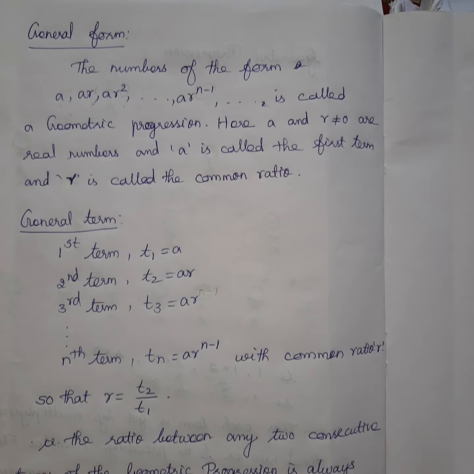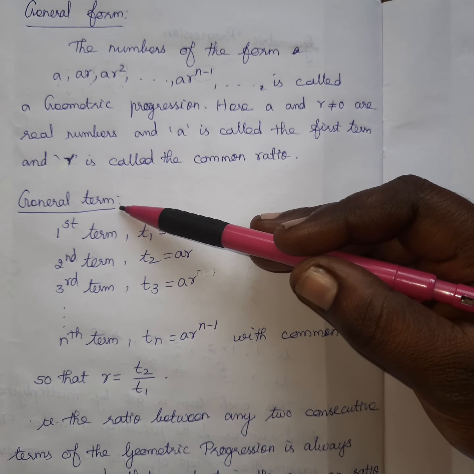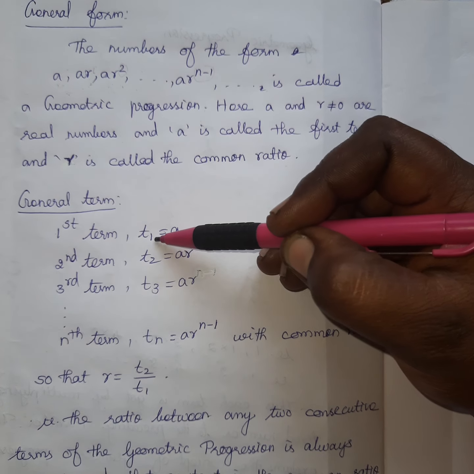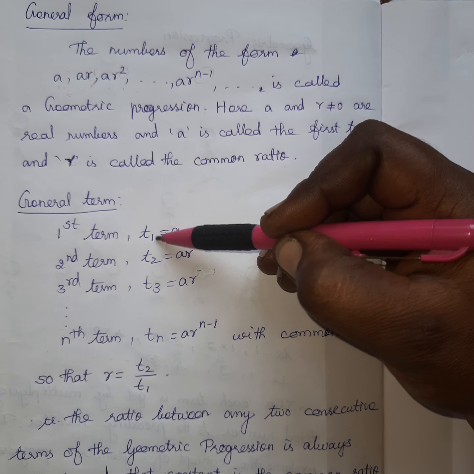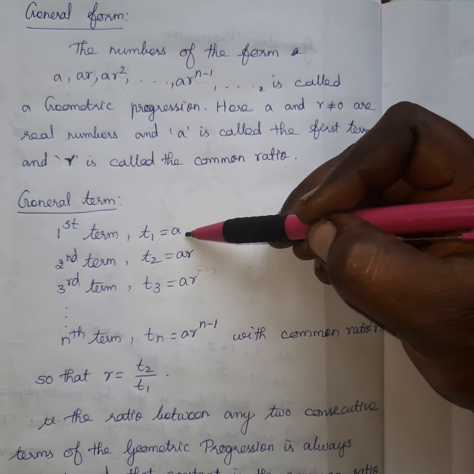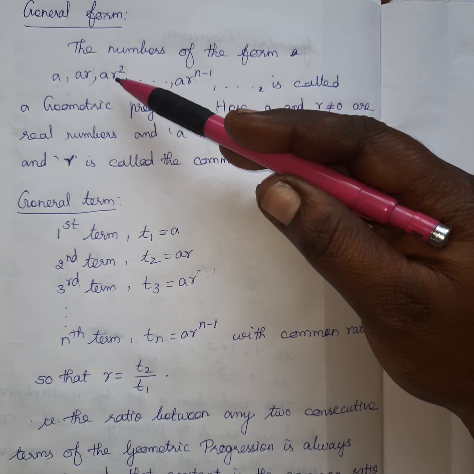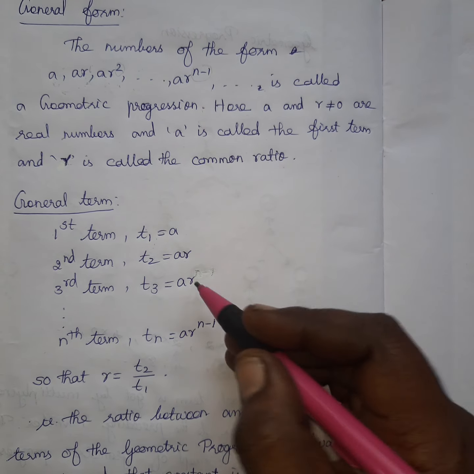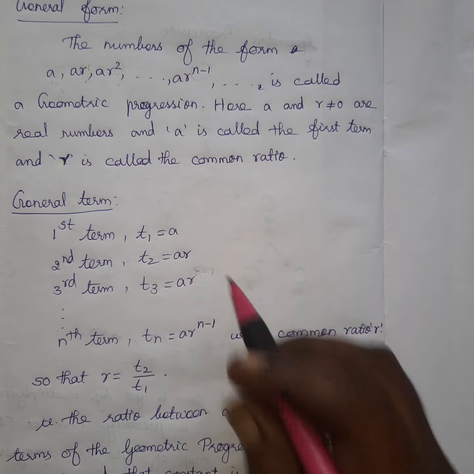Now how can we write the general term? The first term we can write as T1, term 1. It is a. What about the second term? It is a r, that is T2. Then the third term is a r square, that is a r power 2.